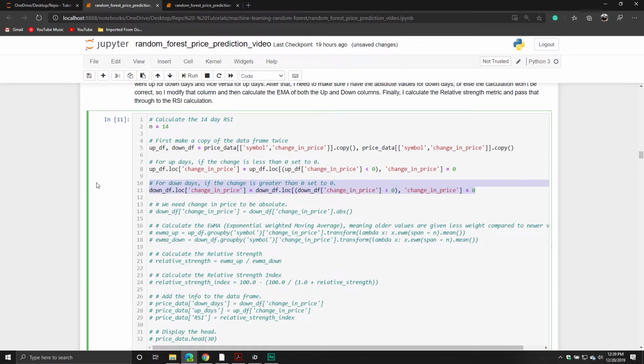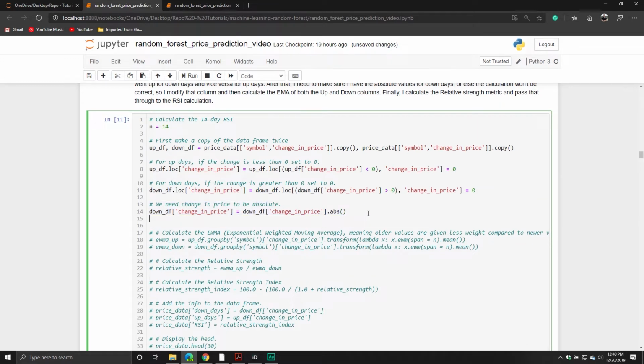Now, for the down days, it's the same thing, just opposite. So now what I'm going to say is, okay, for my down DF, if the price is greater than 0, those were up days. So I want to change that change in price column to 0. So if it was an up day, make it 0. Otherwise, keep it the same. Now, the RS formula, so the relative strength formula, does expect absolute values, so you cannot pass through negatives.